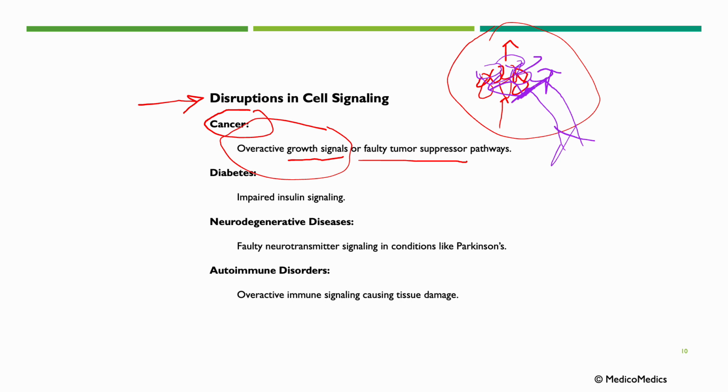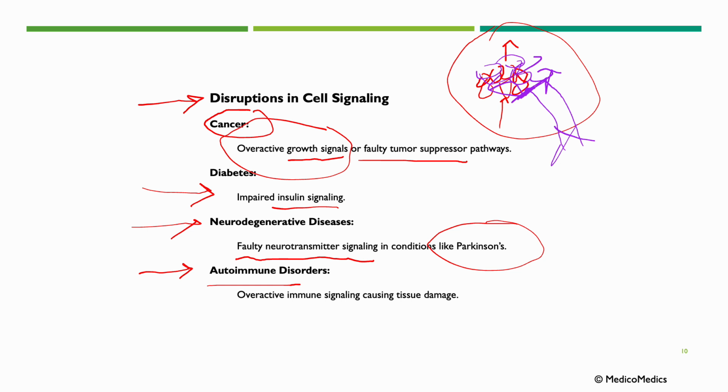Another example is diabetes, where we have impaired insulin signaling. We can talk about neurodegenerative diseases, where faulty neurotransmitter signaling occurs in conditions like Parkinson's. And we can mention autoimmune disorders, where overactive immune signaling leads to tissue damage.